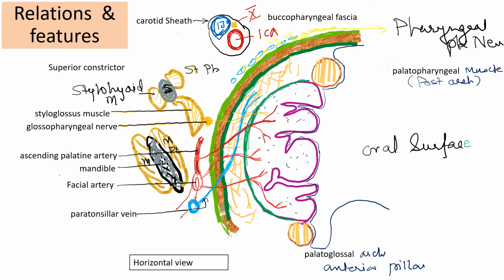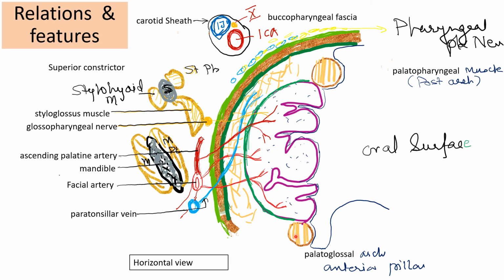The ascending palatine artery can also get damaged, and this nerve gets affected usually in tonsillectomy because of the post tonsillectomy edema. Because of the edema, this nerve may get compressed, and the symptoms of loss of sensation on the posterior surface of the posterior 1/3 of the tongue happen. Okay, so that is the involvement of the glossopharyngeal nerve. So the ascending palatine artery, the paratonsillar vein, all these structures may get affected in tonsillectomy when not performed properly.